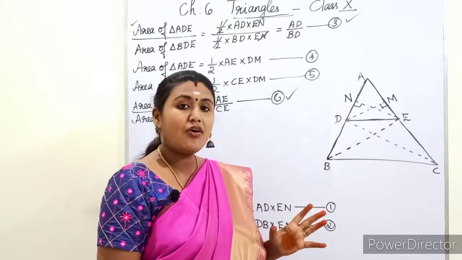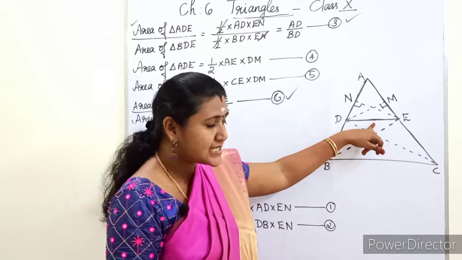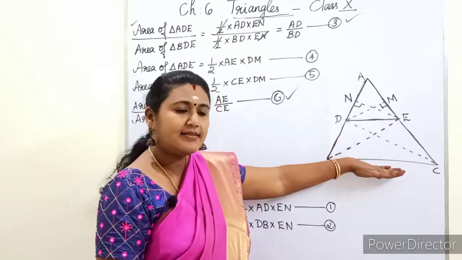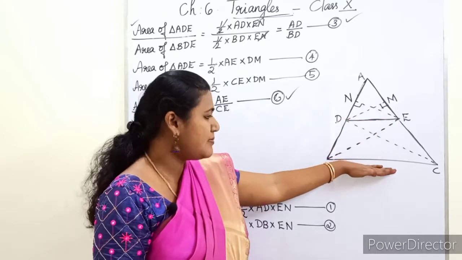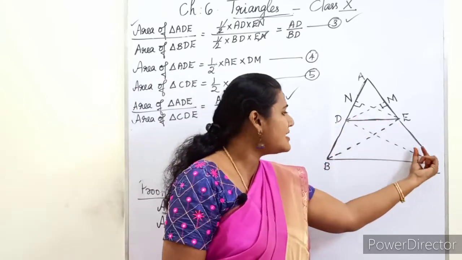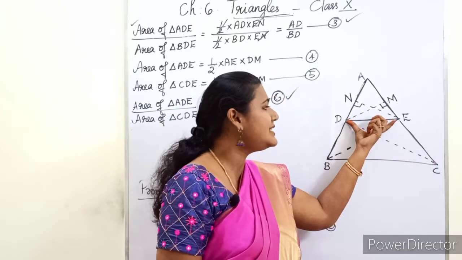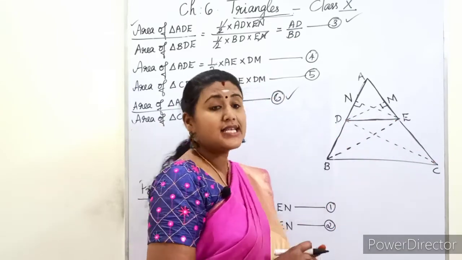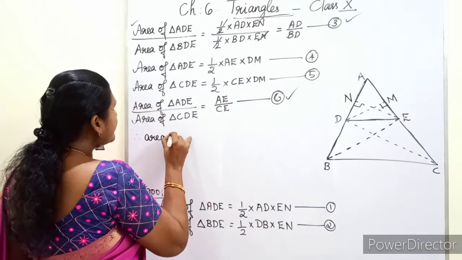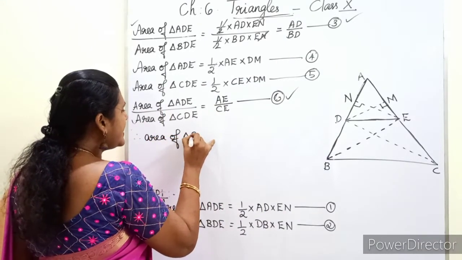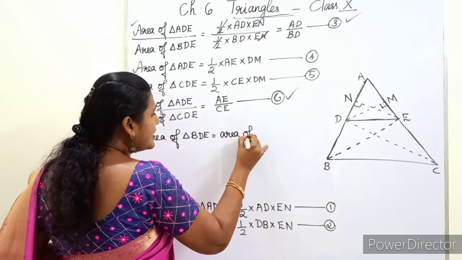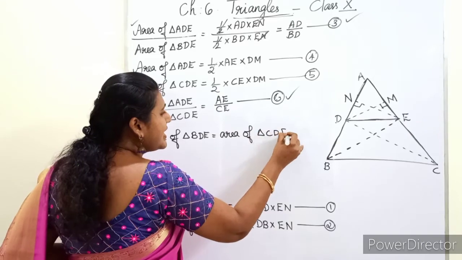Here in this question, DE and BC are parallel, and you can see that these two triangles are on the same base DE. So their areas are equal. So we can write area of triangle BDE and area of triangle CDE are equal.